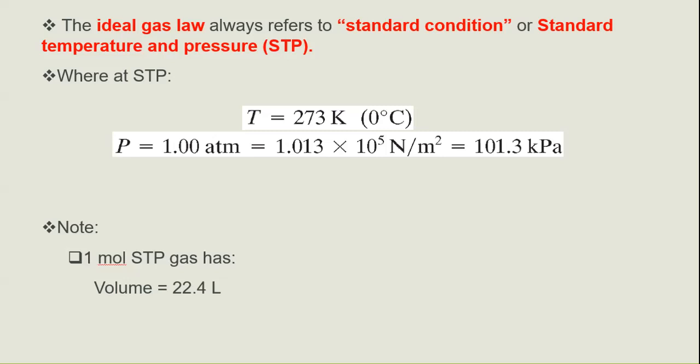Temperature is 273 Kelvin or 0 degrees Celsius, and pressure is 1 atmospheric pressure, or 1.013 times 10 to the power of 5 newtons per meter squared, or 101.3 kilopascal. Also note that 1 mole of STP gas has a volume of 22.4 liters.